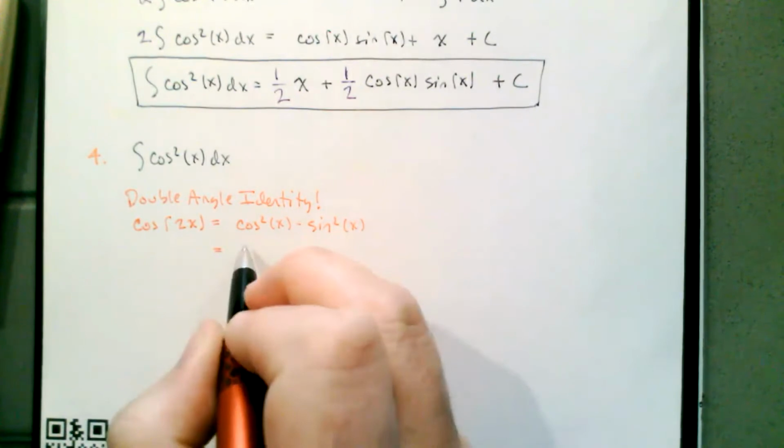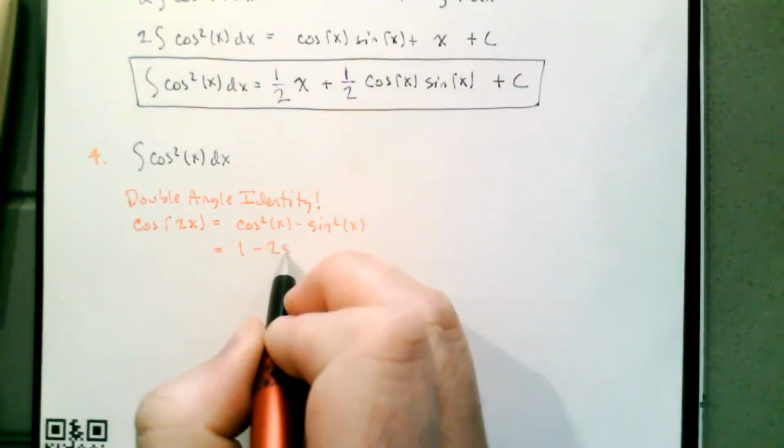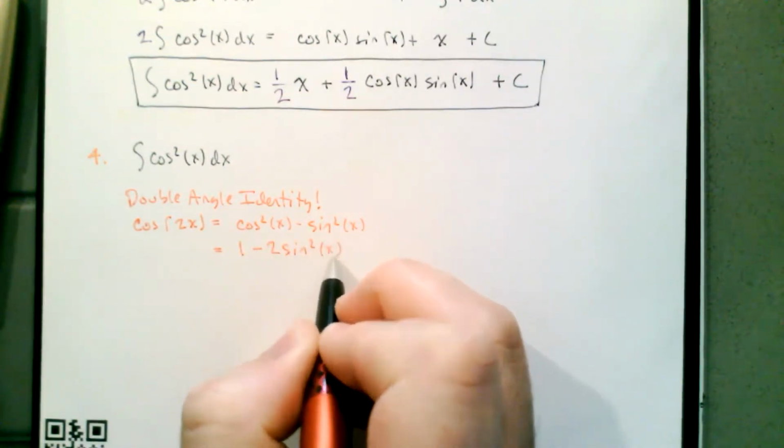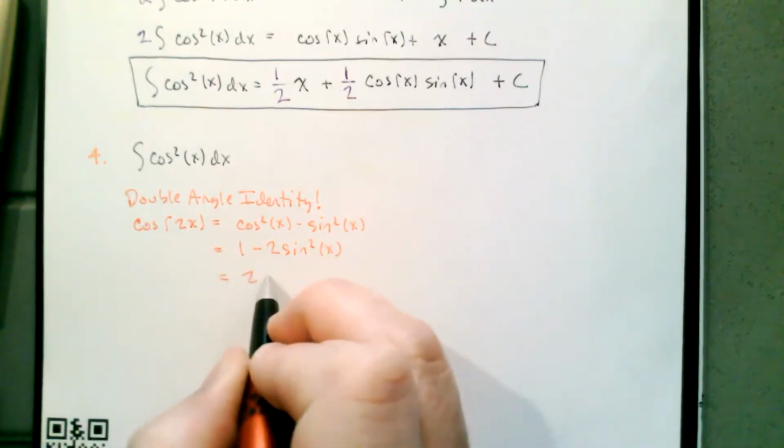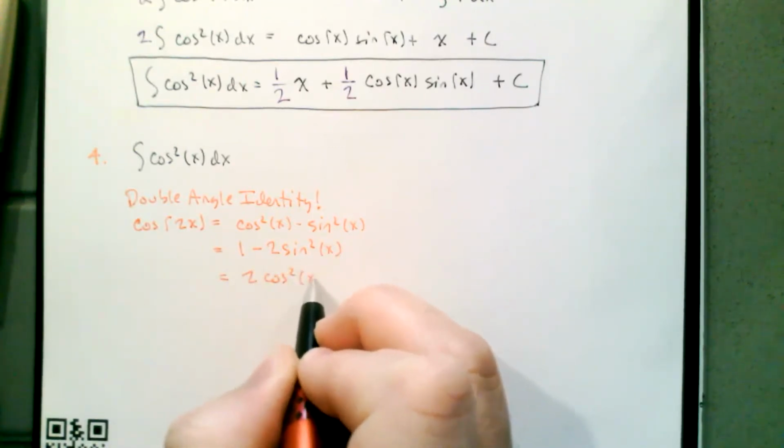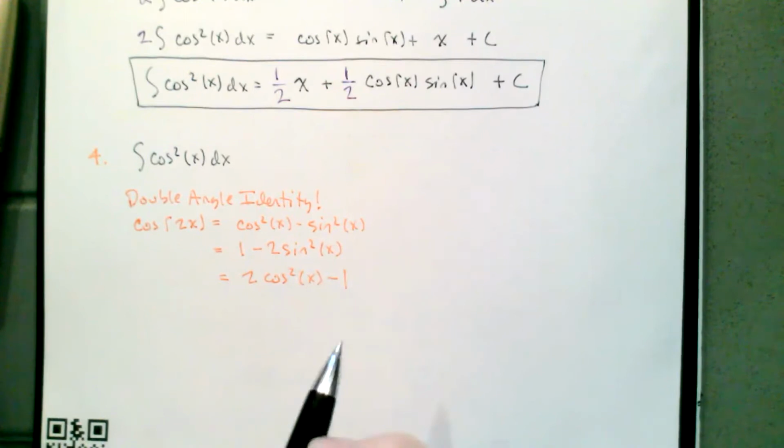So I could write this as 1 minus 2 sine squared x, or more useful for us, 2 times cosine squared x minus 1. So this is the double angle identity for cosine. The cosine of 2x is 2 cosine squared x minus 1.